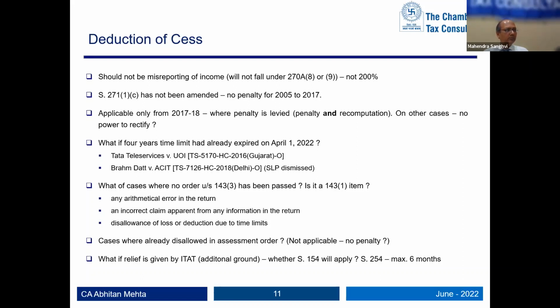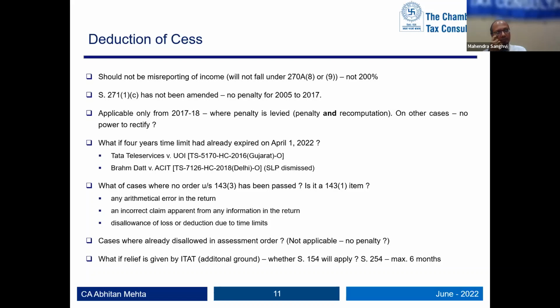There is a Gujarat High Court and there you have Delhi High Court, SLP dismissed, that if the period of rectification has already expired on the date of the amendment, then the amendment will not apply. For AY 1718, 4 years expire on 31st March 22. So amendment applicable from 1st April 22 does not apply.